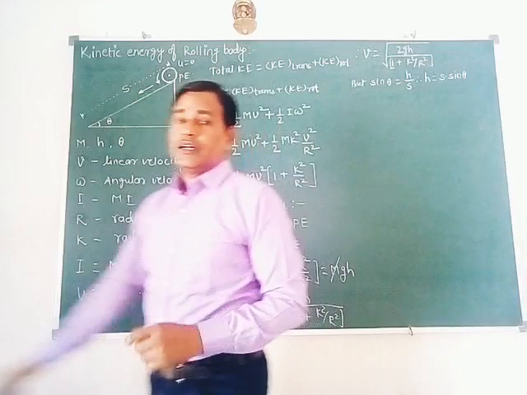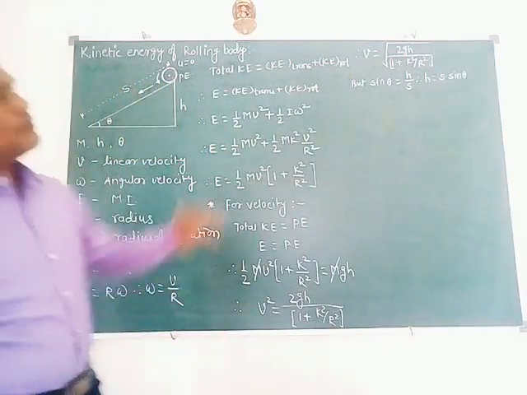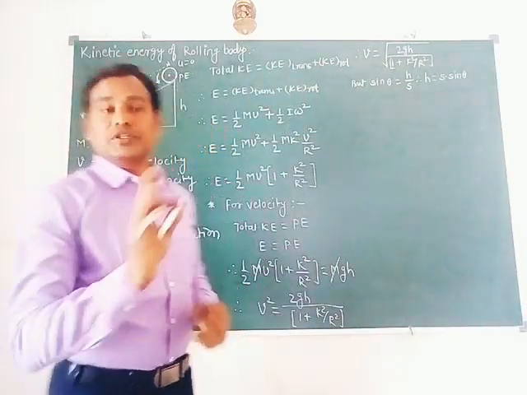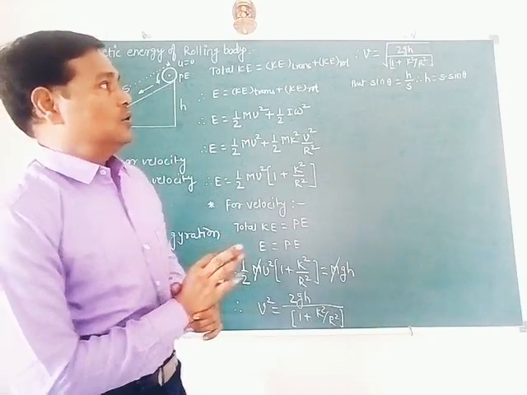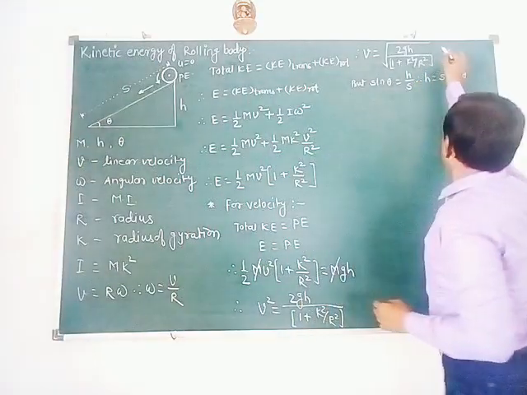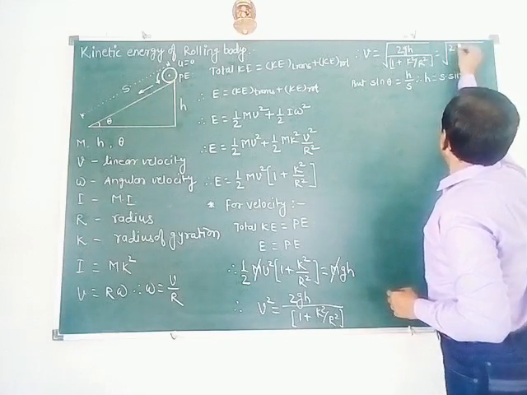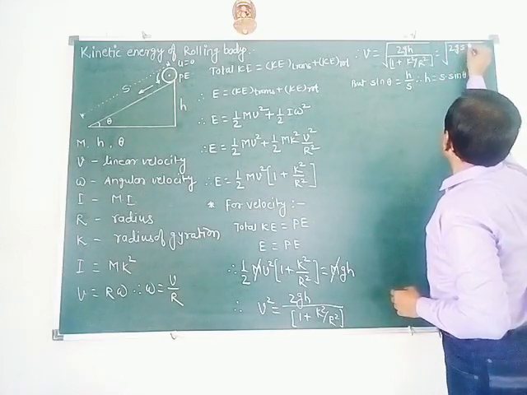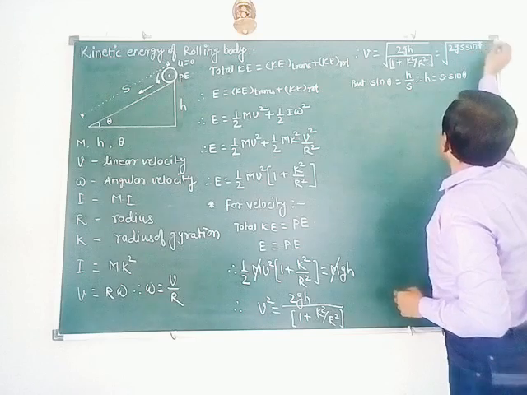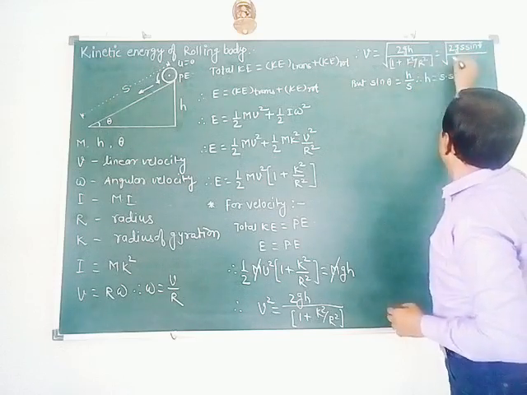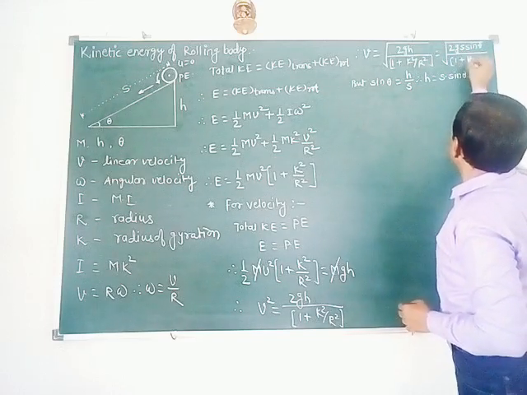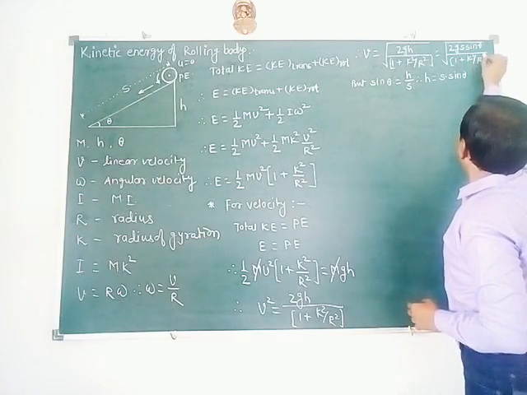Instead of H we can write S into sine theta. Also we get another relation in terms of sine theta. So the same relation can be written as V equal to square root of 2 G S into sine of theta divided by 1 plus K square by R square.